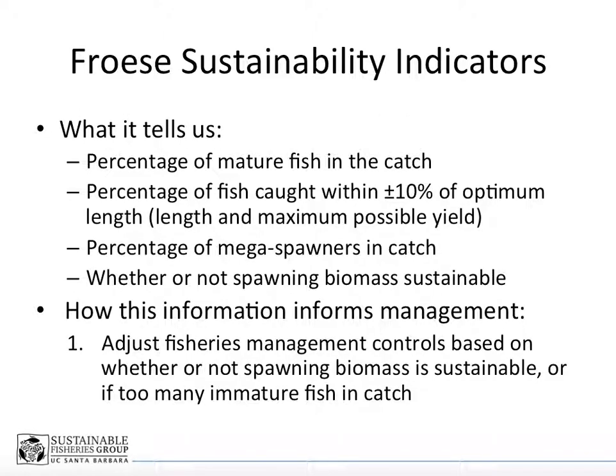So from this method, we get the percentage of mature fish, the percentage of fish within a range from an optimal length, percentage of mega spawners, and whether or not the spawning biomass is sustainable. And based on this, we can adjust our management controls to make sure that either the spawning biomass becomes more sustainable or that we catch more mature fish.